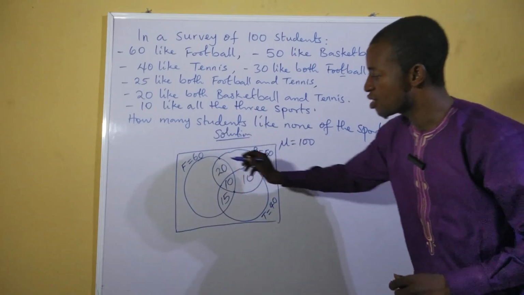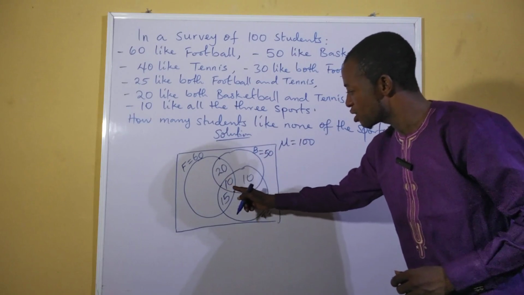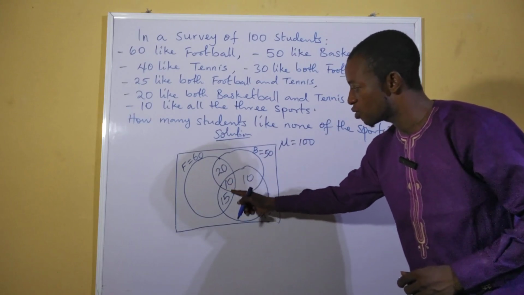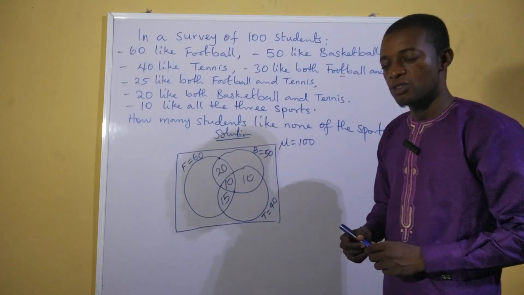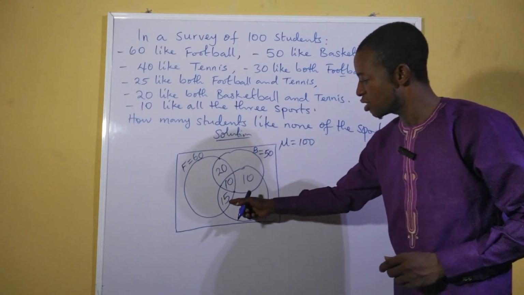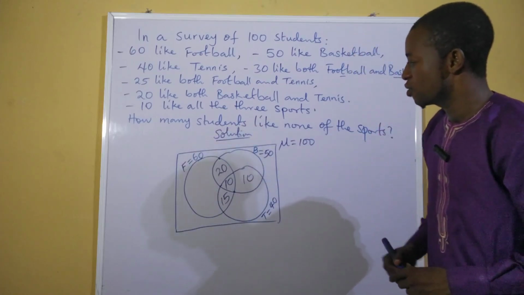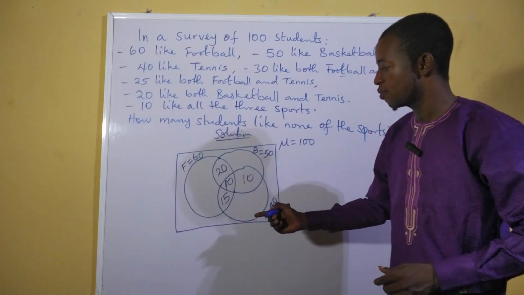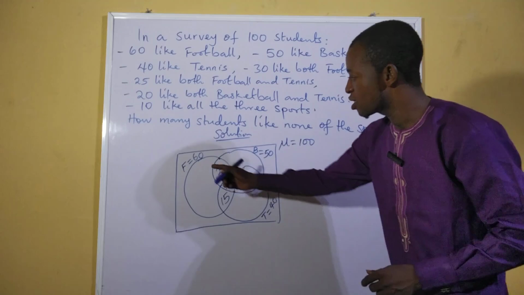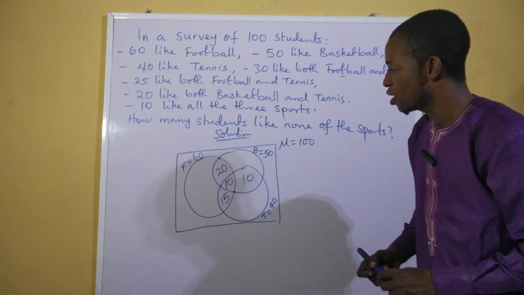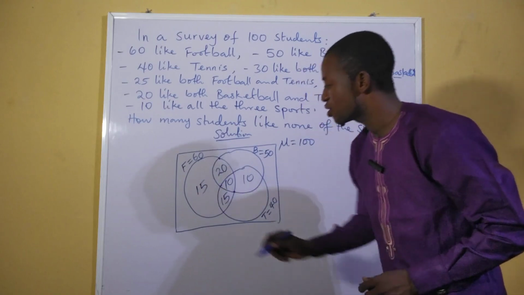Since everything inside football should be 60, and we're having 20, 10, and 15, we take all this away from 60. So 20 plus 10 is 30, plus 15 is 45. That means 60 minus 45 gives us 15. So football only is now 15.